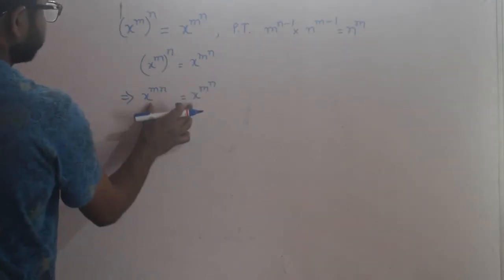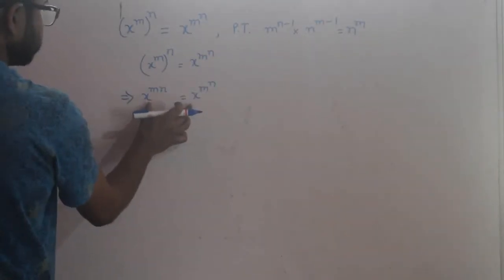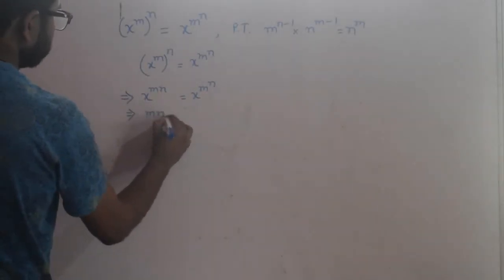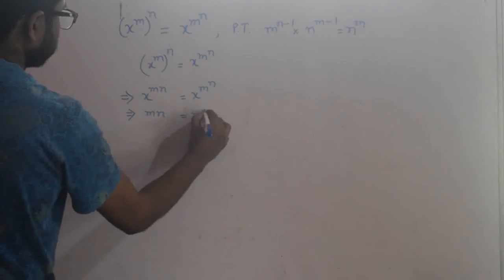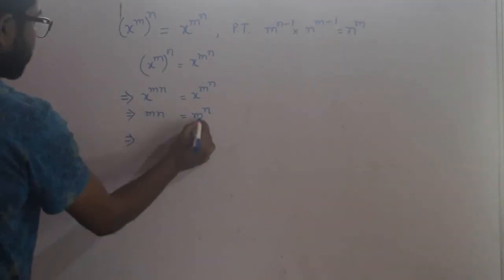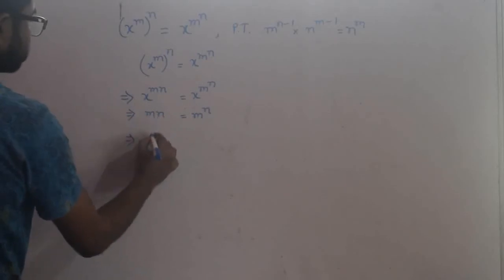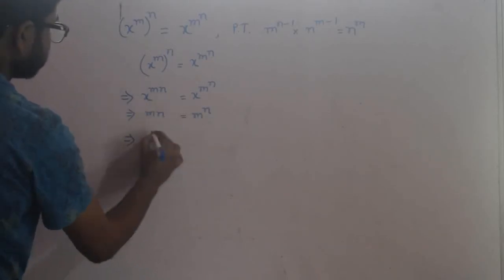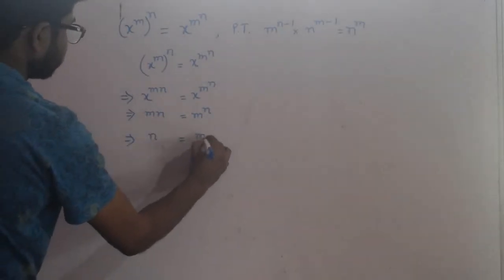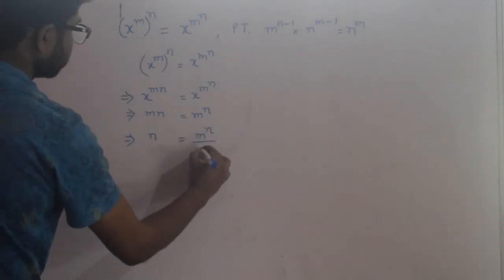Now both the sides, the bases are the same, so that means you can cancel out the base. So this will give you mn equal to m to the power n. Now since this is m and here also you have one m, bring this m to the other side. So you will have n on the left hand side and you will get m to the power n by m.